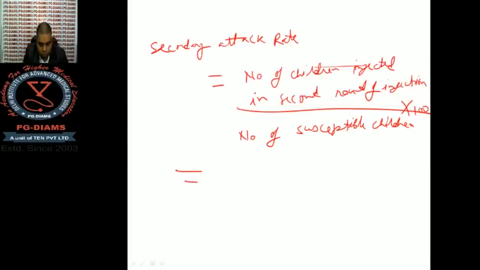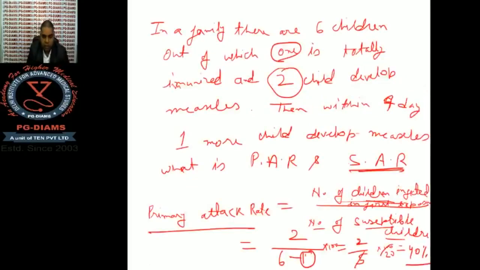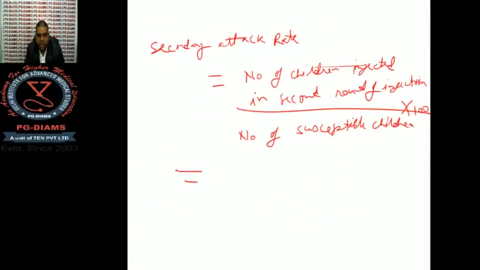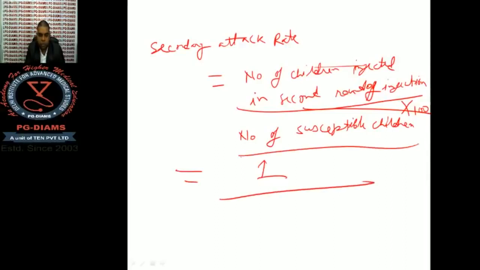So in our question, within 4 days, 1 more child develops measles. So this 1 more child gets affected in the second round of infection. Now the number of susceptible children: total children are 6, 1 is immunized. Plus now we will also subtract those children who developed infection during the first round.